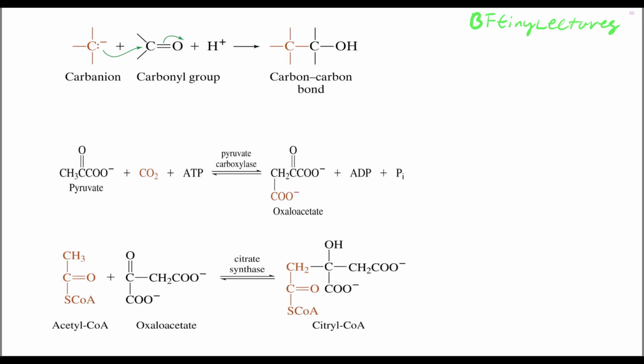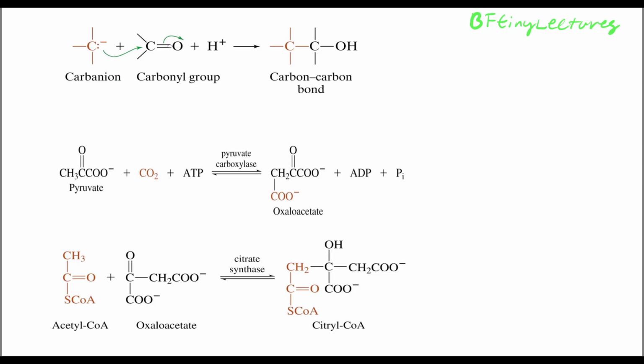Finally, the last type of reaction that catabolism uses during metabolic pathways are going to be bond formations using the energy from ATP. Okay, so for instance, before we get into it, I have to explain to you how this works. Normally in reactions you have a carbanion, right?